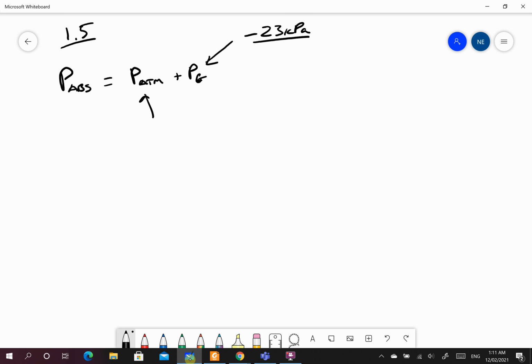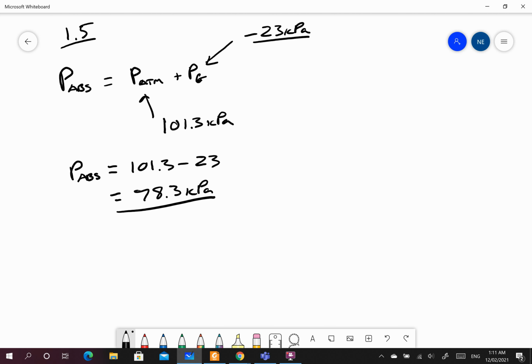We know this here is 101.3 kPa. So simply, the absolute pressure is equal to 101.3, take 23, which equals 78.3 kPa.